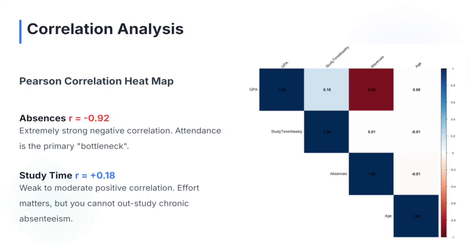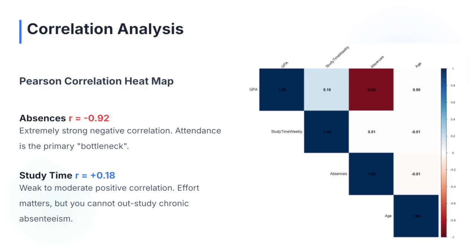To summarize the relationships between continuous variables, we generated this Pearson correlation heat map. As we can see on the diagram, there are two strong correlations between GPA and study time, as well as absences. The coefficient for absences is negative 0.92, and this tells us that as absences go up, GPA goes down in almost a straight line.